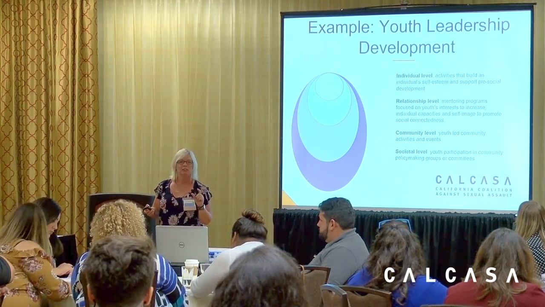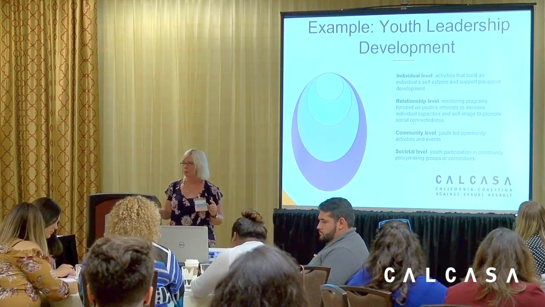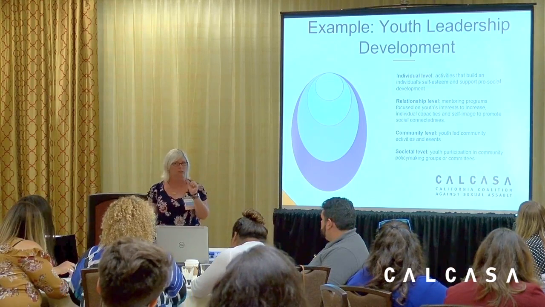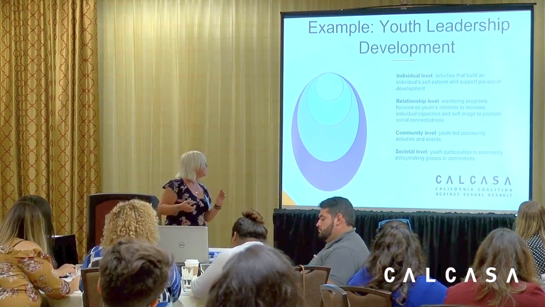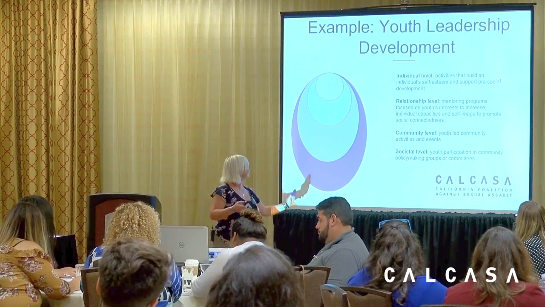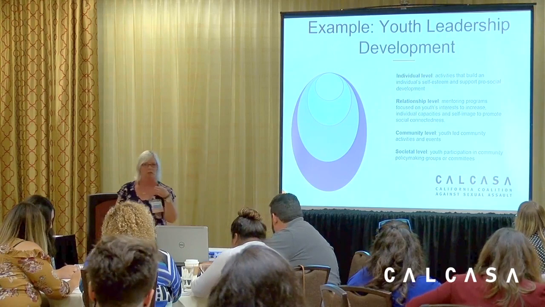So what I want you to do now is take that a little further. As we're building comprehensive programs, we want to address those same risk and protective factors straight through that social ecological model, right?